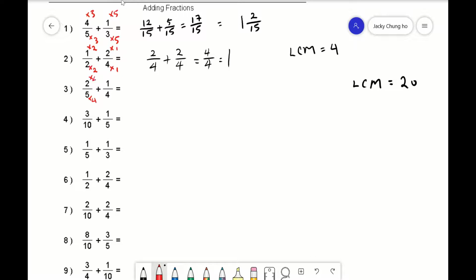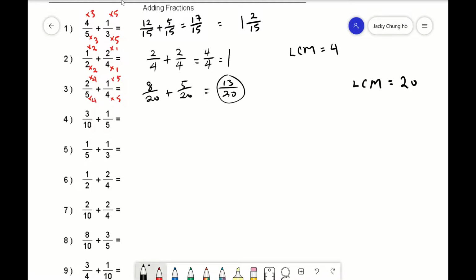So same thing goes to the numerator. 4 in this case, when multiplied by 5, will get you to 20. So now I can do 2 times 4, which is 8 over 20, plus 5 over 20. That will get me 13 over 20. And that's the final answer.